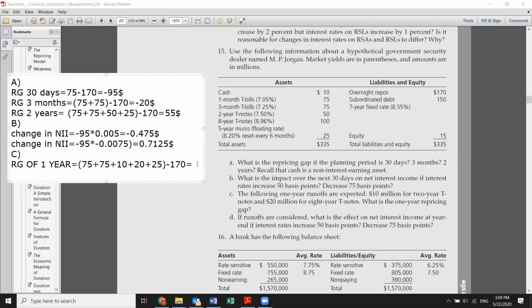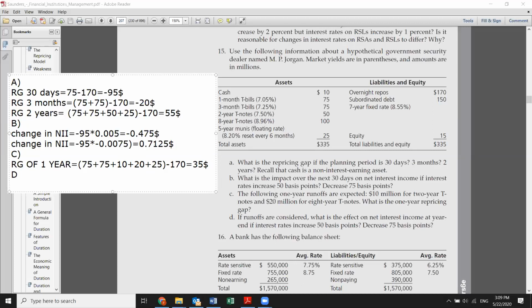And if you calculate, you get 205 minus 170, which is 35, okay. $35. Okay, let's move further.